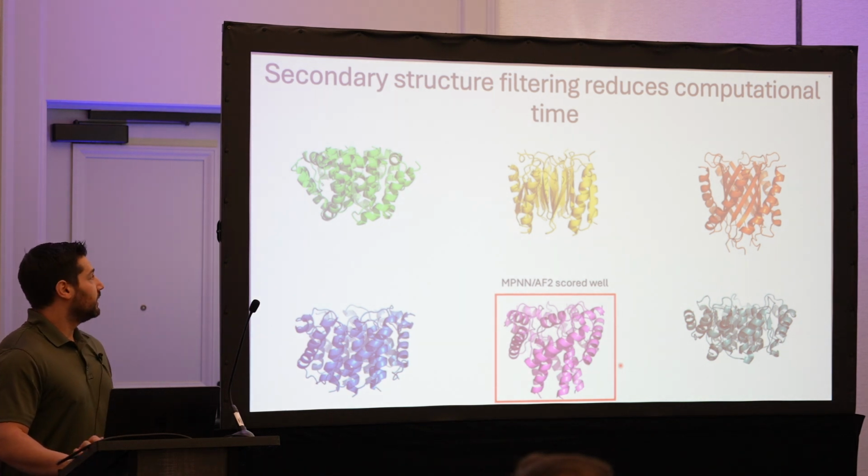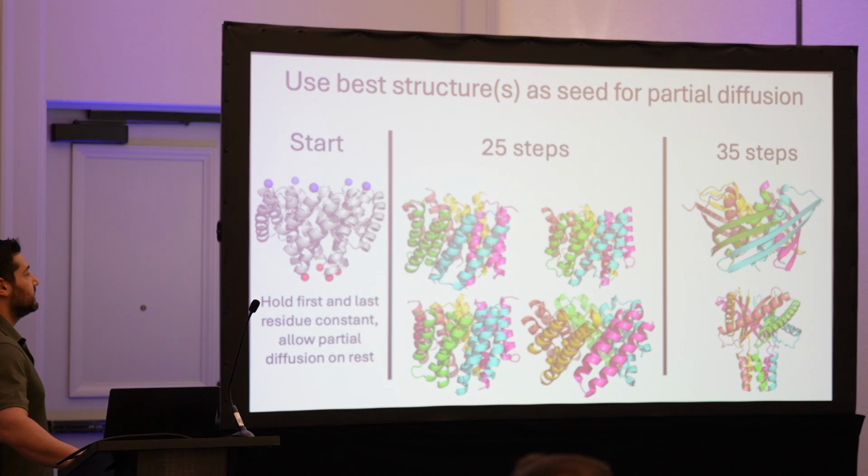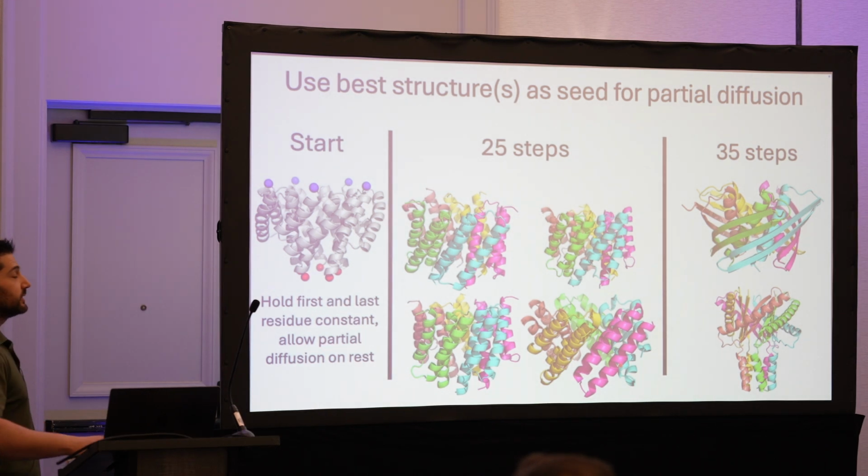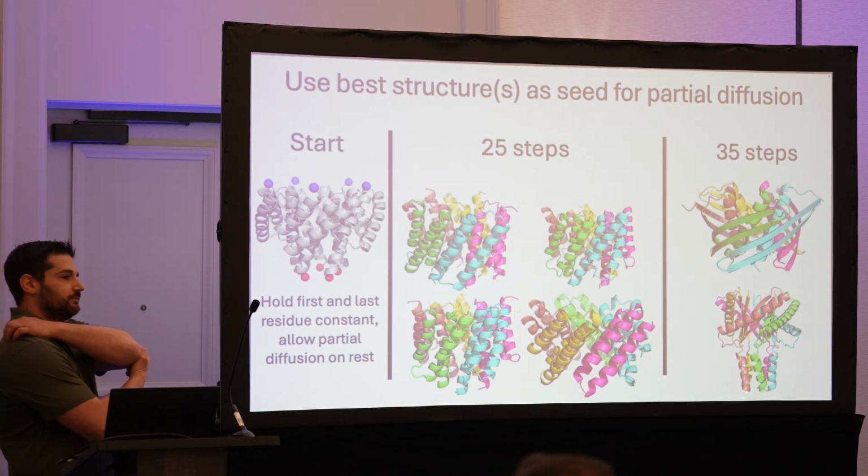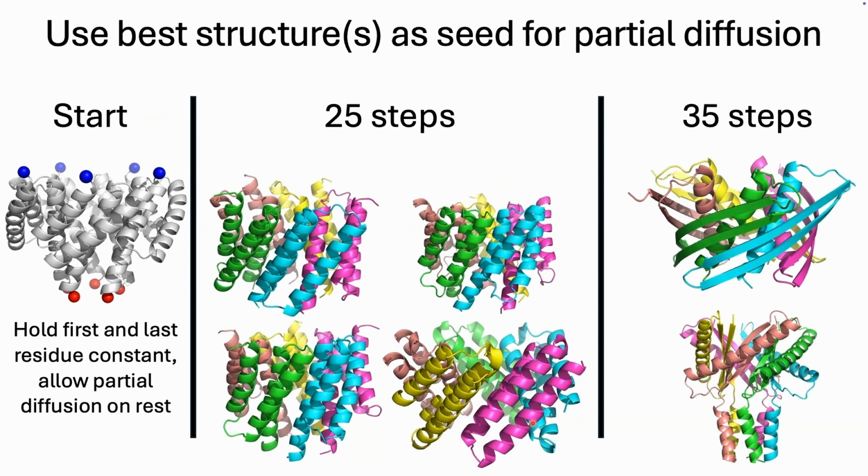So I used this as a starting structure to seed for partial diffusion. And I think you ran some partial diffusion yesterday, and there were some questions about how many time steps to actually get diversity. So what I did was I passed in this whole structure.